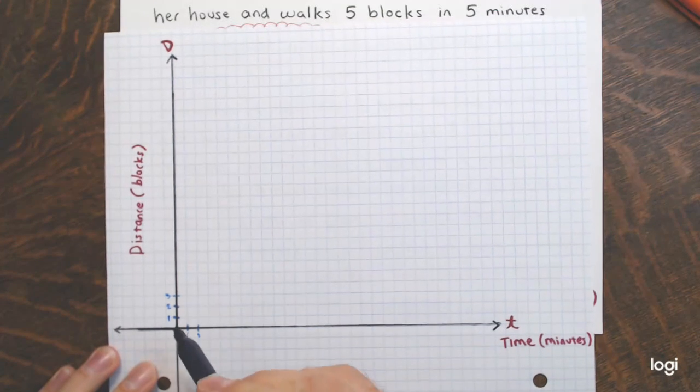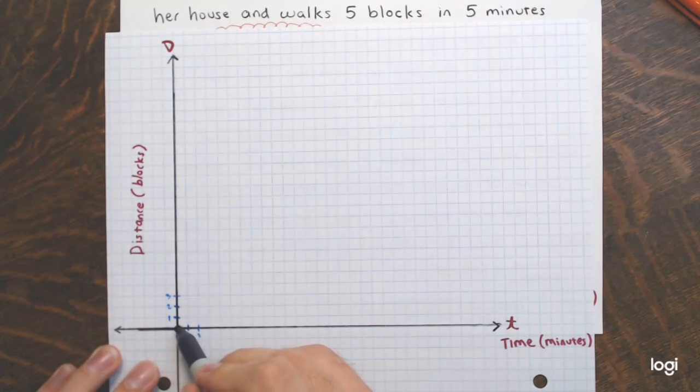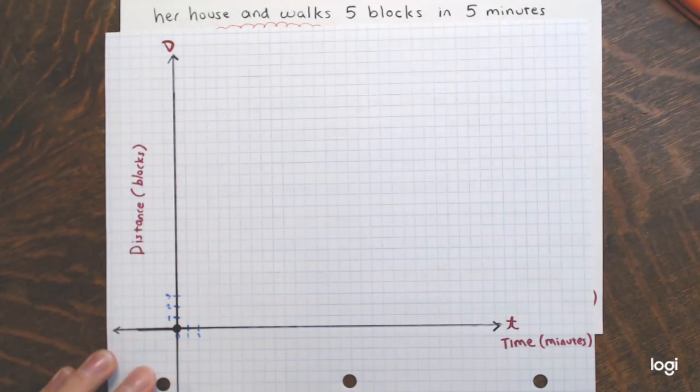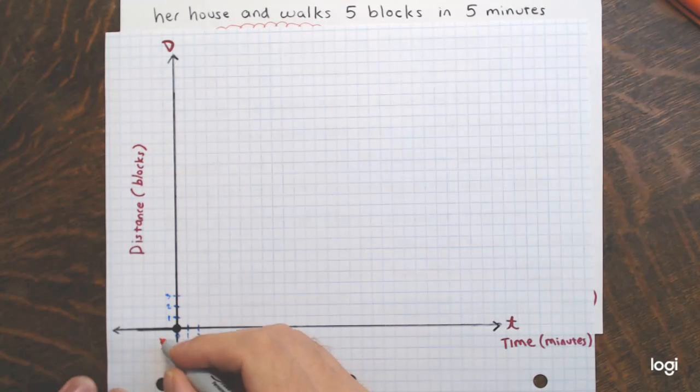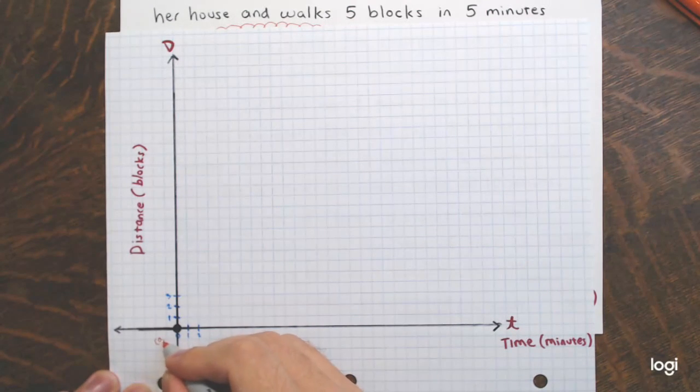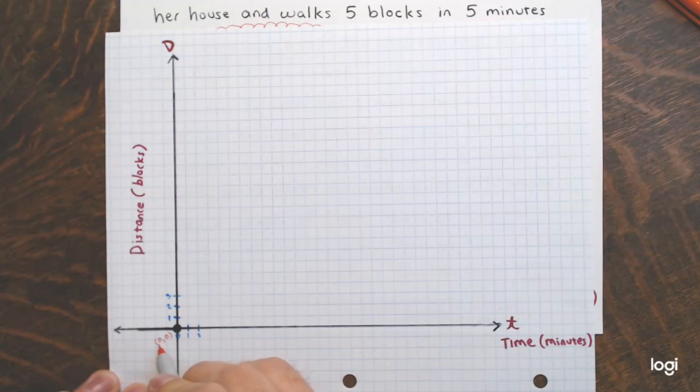She's at home. So we're going to start this graph here at the origin. And perhaps I will even label some of these points. So I have the ordered pair 0 for time, 0 for distance. At the 0 minute mark, she is 0 blocks away from her house.